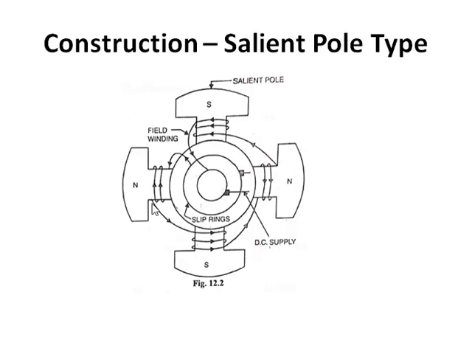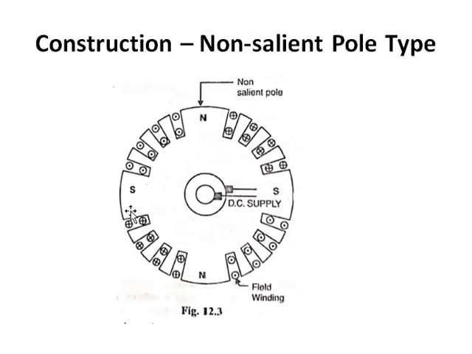Regarding construction, again we have a salient pole type, where we have the projected poles, and north and south will be alternating. We looked into the advantages and disadvantages of this type of pole, and also we saw the non-salient pole.